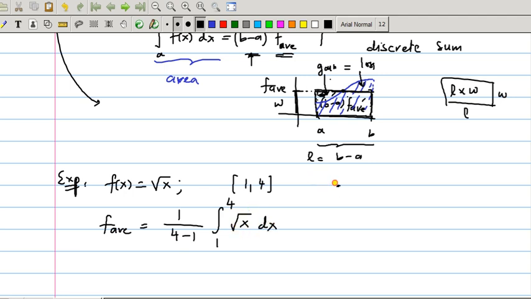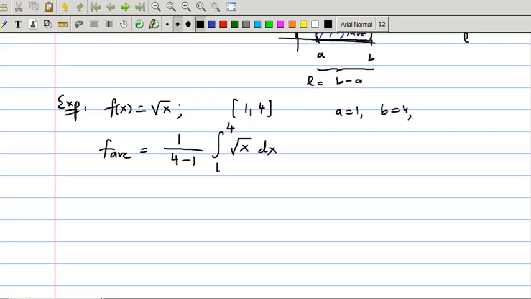Agree? Why? Because here a is 1, b is 4, and f of x is square root of x. If I replace the values in my average value formula, it was 1 over b minus a, so 1 over 4 minus 1, integral from a to b of f of x dx. That was the formula. So now I just have to integrate this.